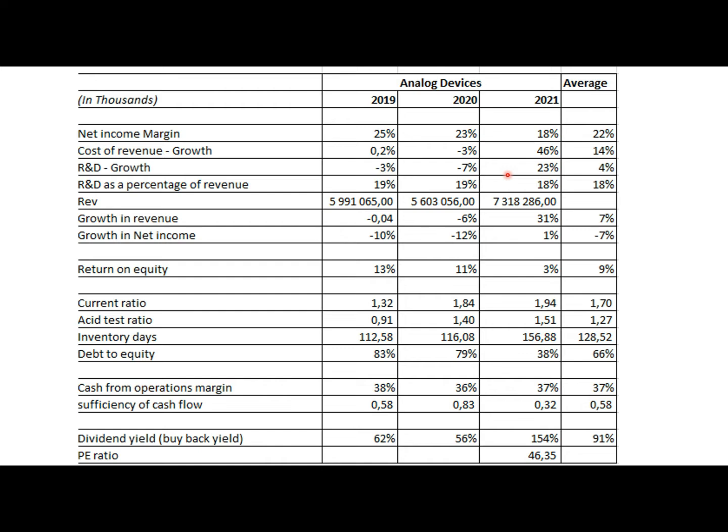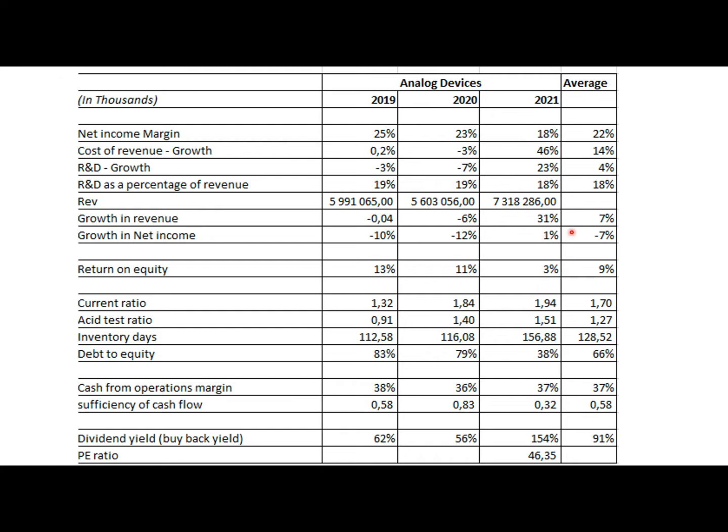Now, considering the margins have been declining and profitability has also been declining, the fact that you're not at industry average does worry me just a bit, not too much, just slight.